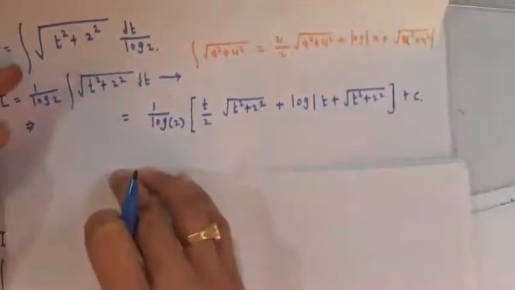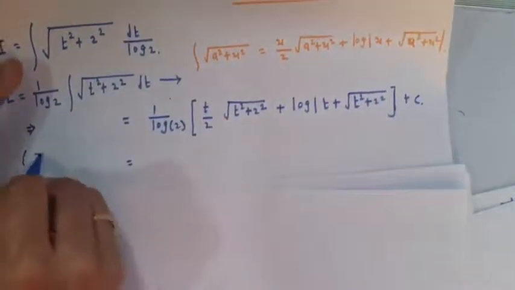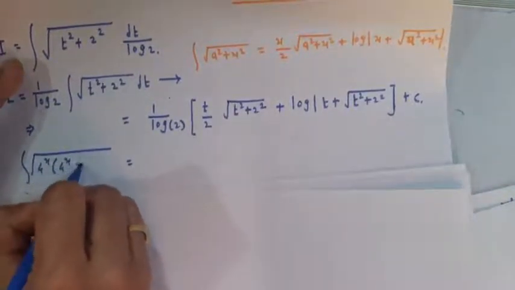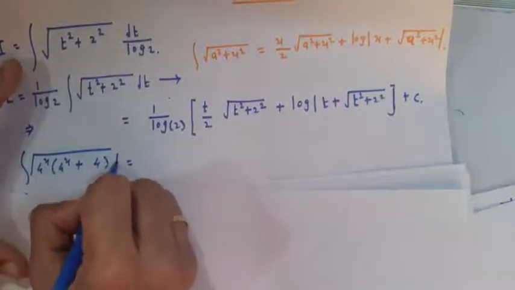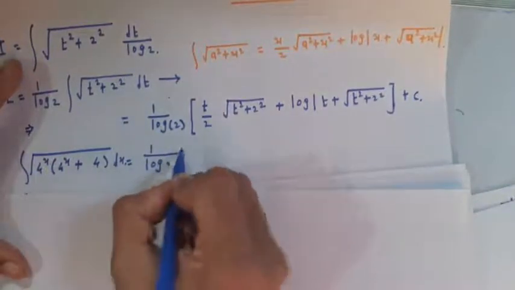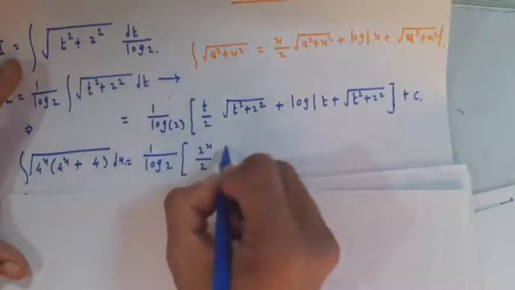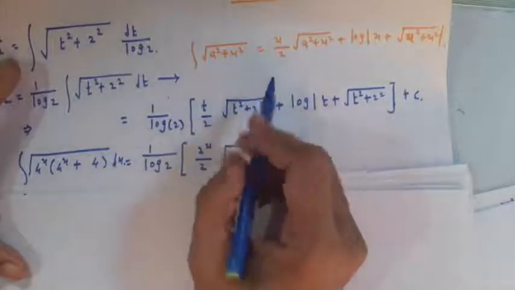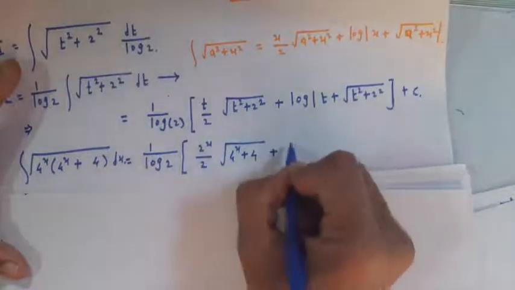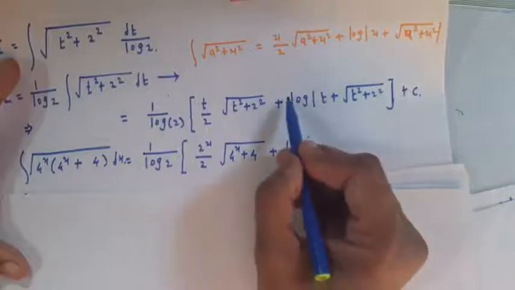And hence the integration of square root of 4 raised to x into 4 raised to x plus 4 with respect to x is 1 upon log of 2 times: the value of t is 2 raised to x upon 2, into square root of t square, meaning 2 raised to x whole square, that is 4 raised to x plus 4, plus log of, by the formula, a square by 2.